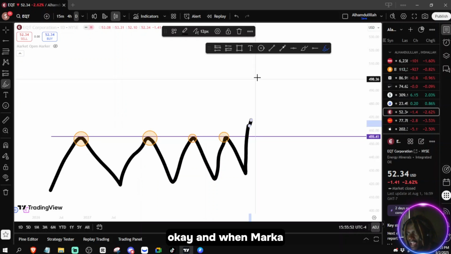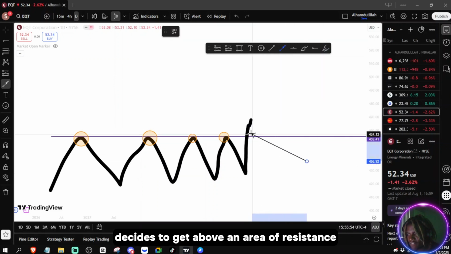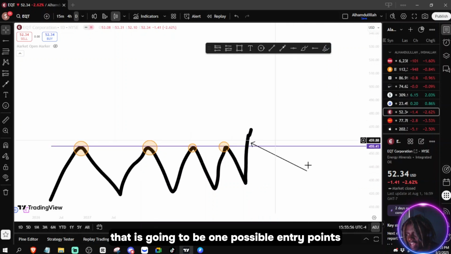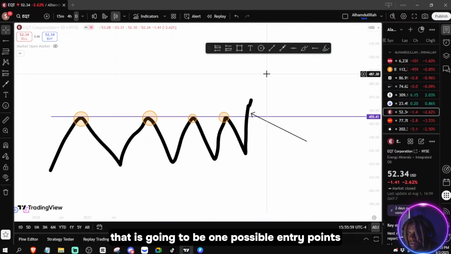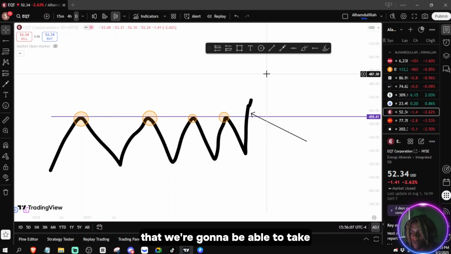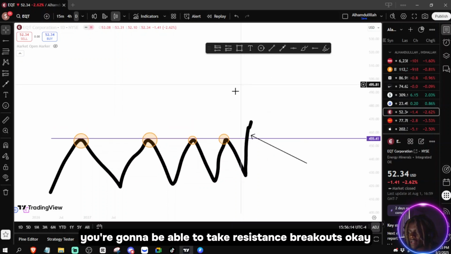And when the market decides to get above an area of resistance, that is going to be one possible entry point. There's going to be 3 different types of entries that we're going to be able to take as United Stocks Market traders. You're going to be able to take resistance breakouts.